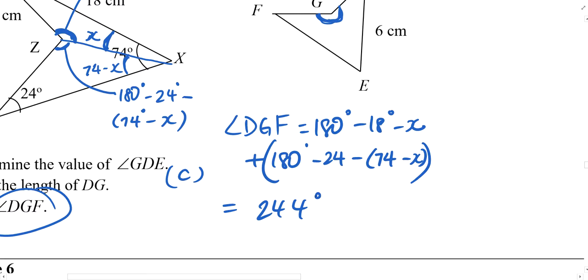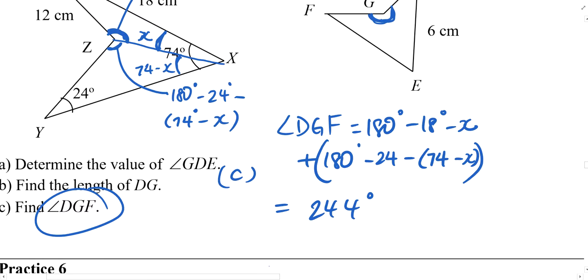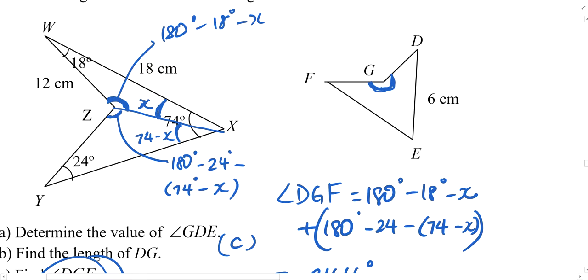Hand? Is there anybody who did it using another method? Another method, another answer? What is your method? If I add one triangle, this one triangle, right?